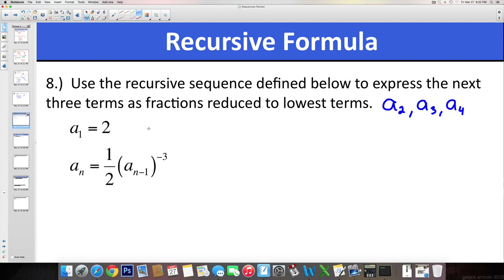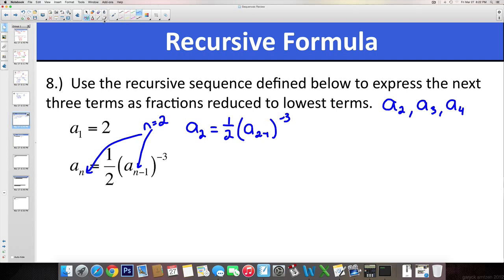So let's start with the second term, because we have the first term, so we move on to the second. So we're going to make n 2. Wherever you see an n, substitute it with 2. So the second term is a half times a sub 2 minus 1 to the negative third power.